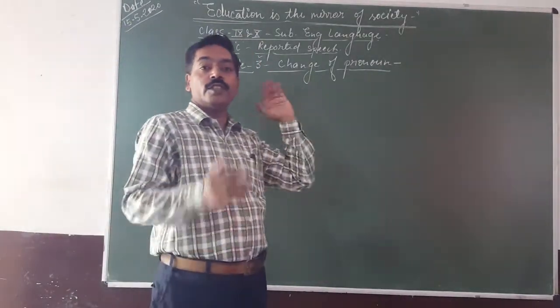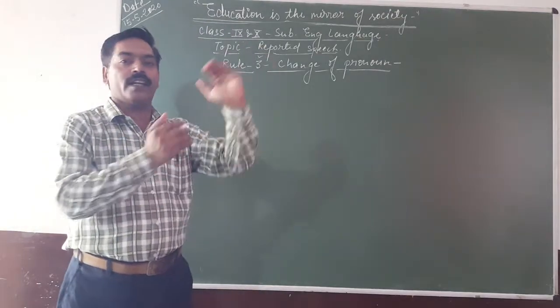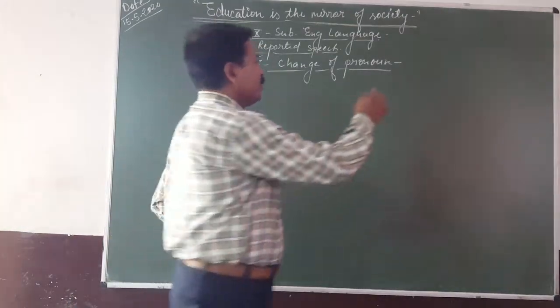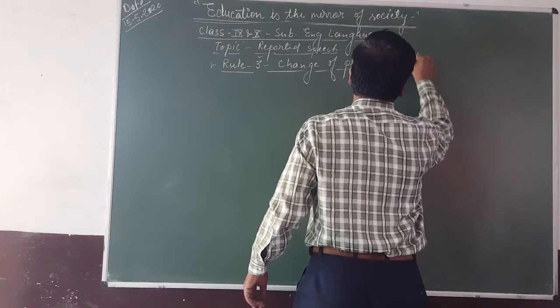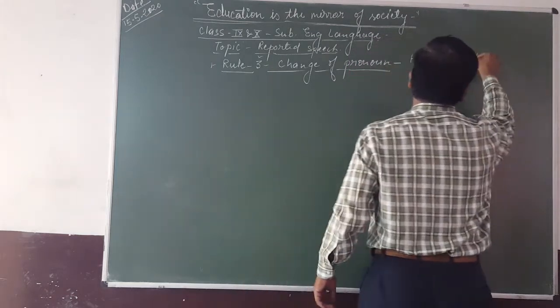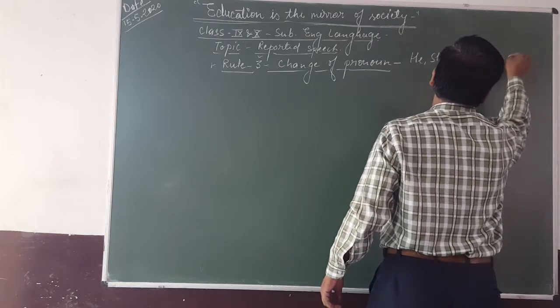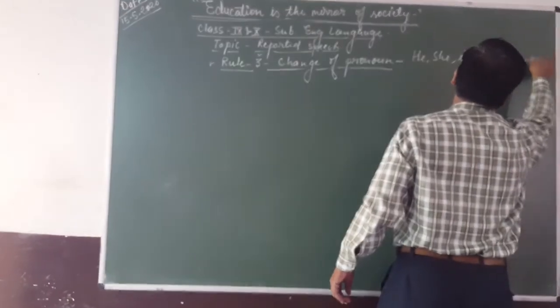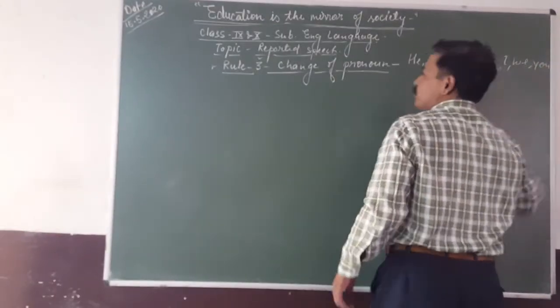The words which are used in place of a noun are called pronouns, and the pronouns are he, she, it, they, I, we, you.